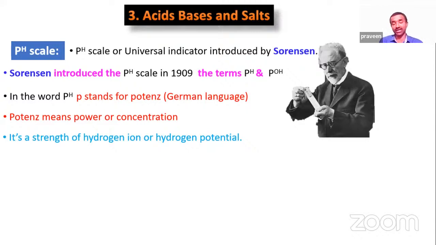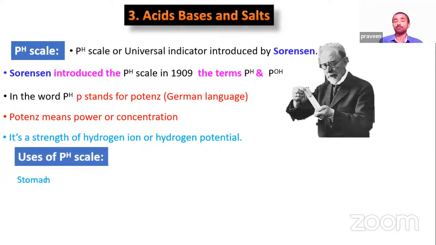So here applications are there. This pH scale is useful in our day-to-day life to find the importance of that pH value in our stomach. Sometimes you may feel uneasy, uncomfortable, dizziness, right? That is due to indigestion.